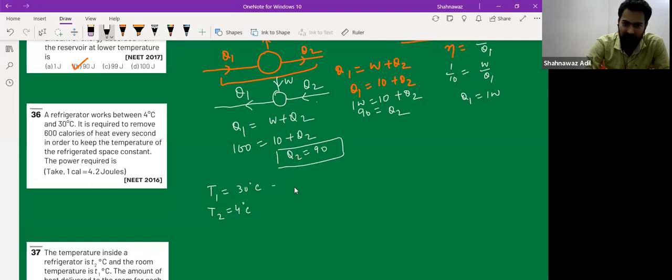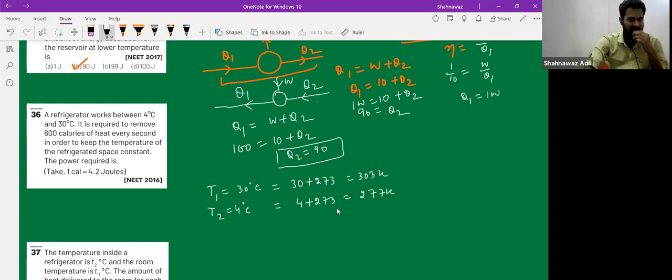So 30 plus 273 would be 303 Kelvin, and 4 degrees C, which means 4 plus 273, would be 277 Kelvin.